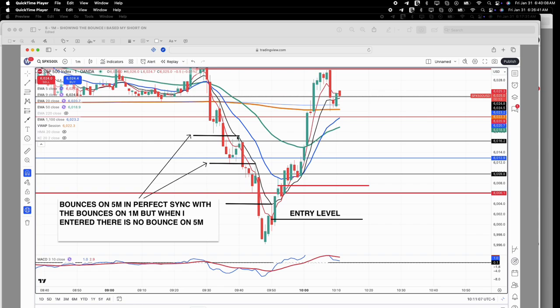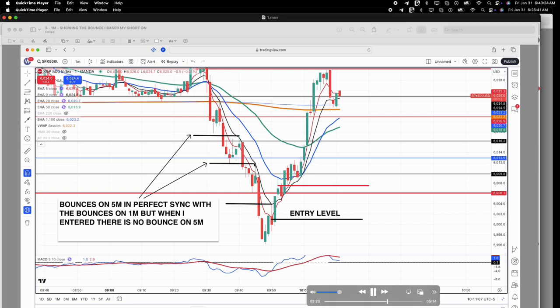And these two bounces are in sync with the bounces on 5-minute chart, but the bounces on 5-minute chart happen along EMA 5. But this one and this one are confirmed on 5-minute chart.